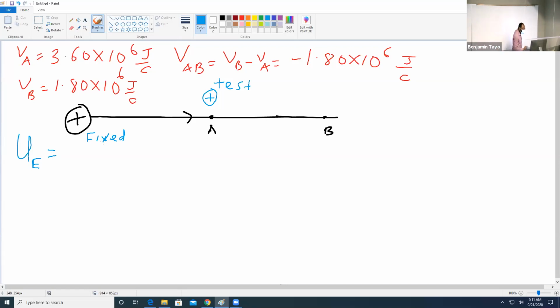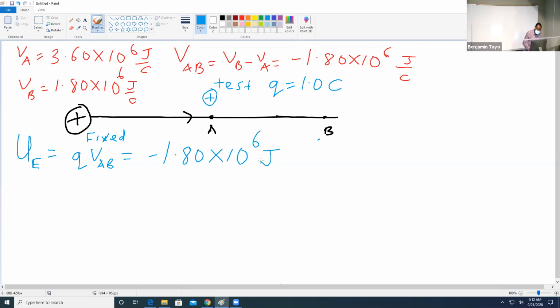So let's say that this test charge Q, I'll just call it 1.0 coulombs. So it means that my electric potential energy here is Q times VAB. So this value is going to be equal to negative 1.80 times 10 to the power 6 joules. And then I can calculate the work.